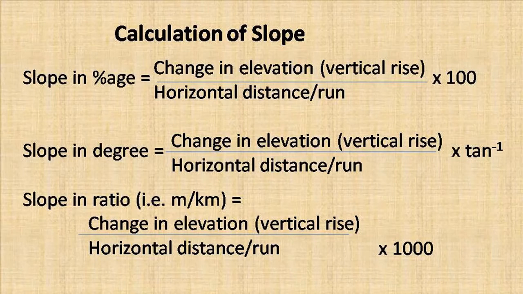Slope in degree can be calculated by using the formula change in elevation or vertical rise divided by horizontal distance, or run, multiplied by tan inverse. Slope in a ratio, that is meter per kilometer, can be calculated by using this formula, the change in elevation, that is vertical rise, divided by horizontal distance, that is run, and multiplied by 1000.